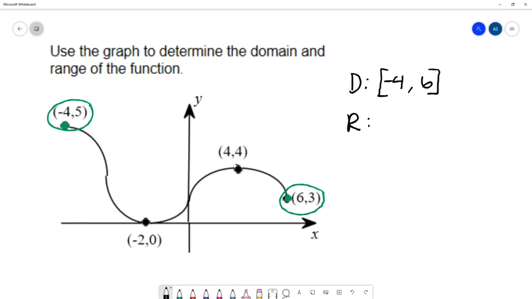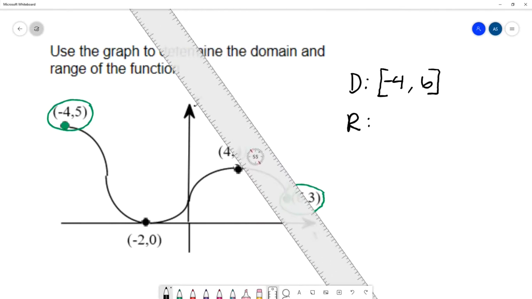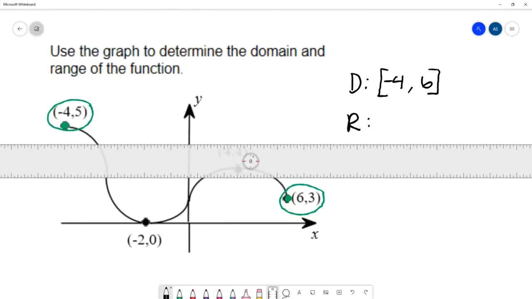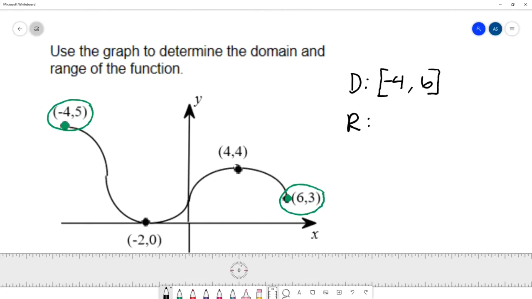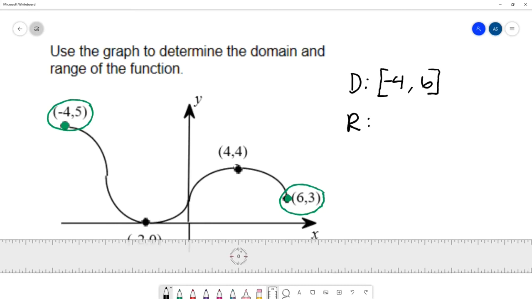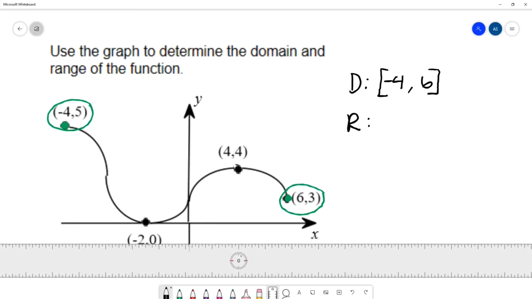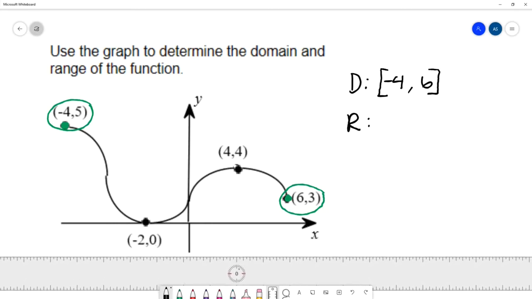Then we're looking for the range, and the range is the set of all the y values. So I'm going to turn my ruler horizontally. You can use a pencil horizontally. And I'm going to pay attention to the first time I hit the graph. Notice I'm starting at the bottom.